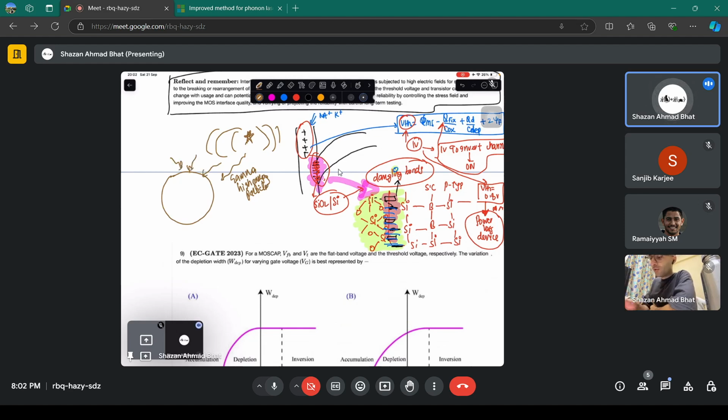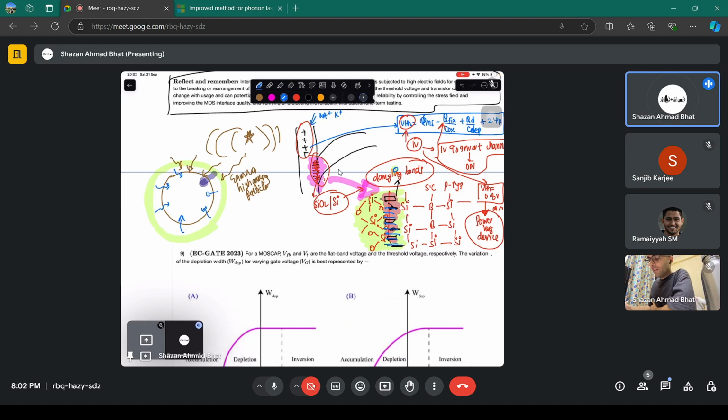Our ozone layer protects us from these particles, but somehow a very few go through and hit us.